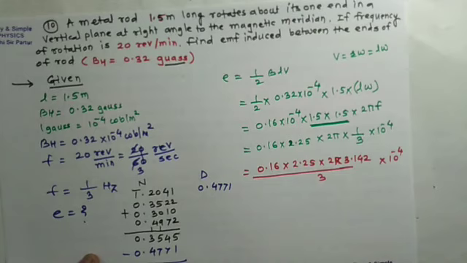So their subtraction will be: 1 is subtracted from 5, 4 is remaining. 7 is subtracted from 14, 7 is remaining. 8 is subtracted from 15, 7 is remaining. 5 is subtracted from 13, 8 is remaining. And bar 1. So now we take the antilog of 0.8774.